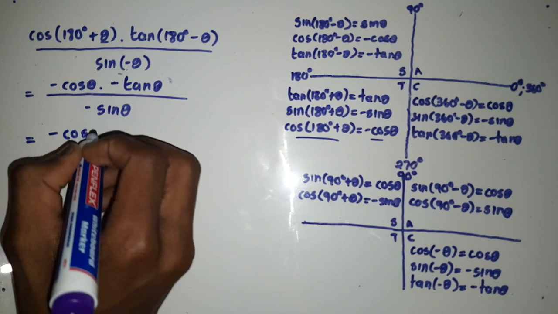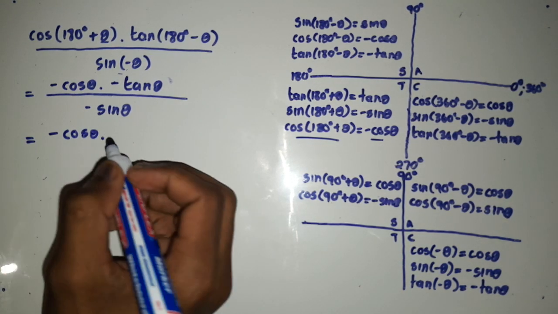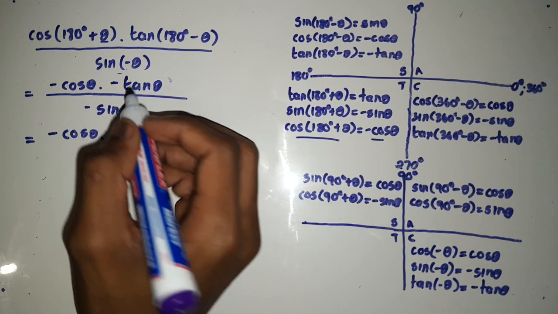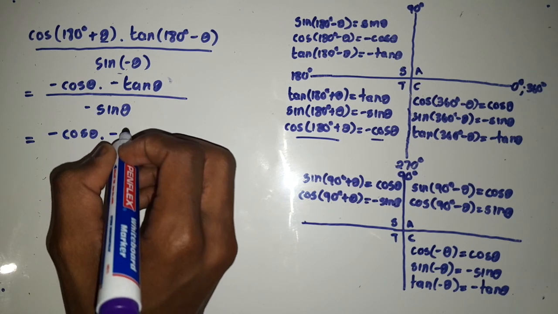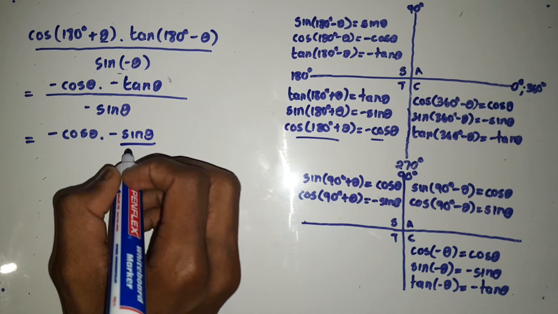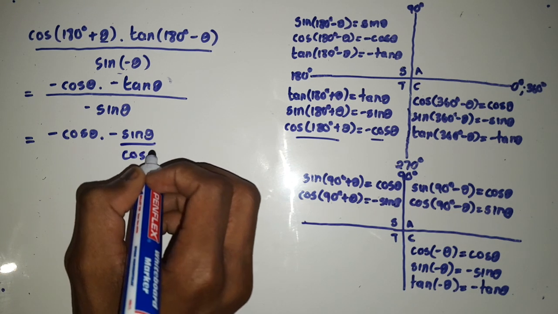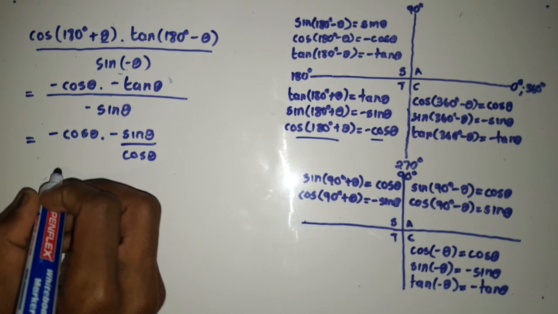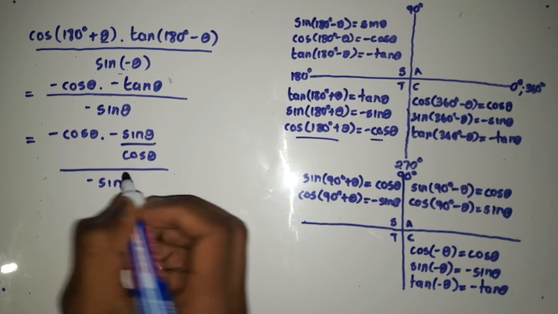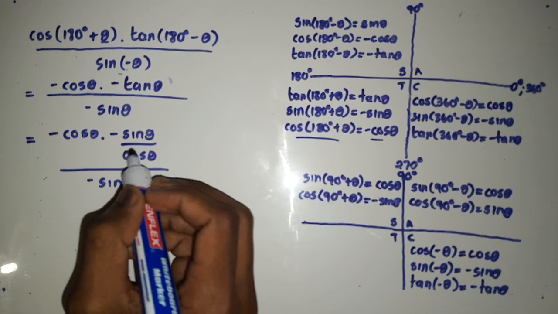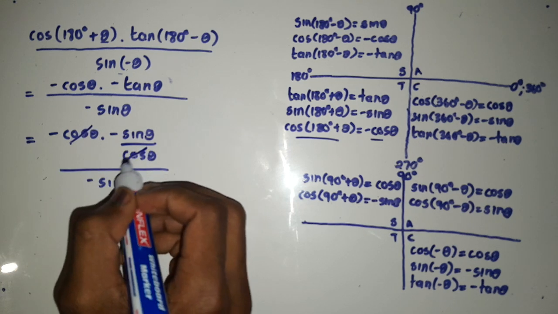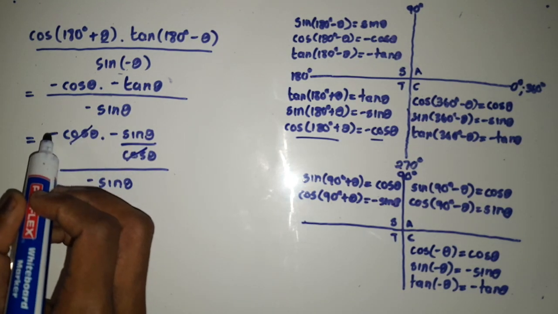Okay, we have negative cos theta, multiplied by negative tan theta. Don't forget that tan can be written in the form of sine theta divided by cos theta, a quotient identity. Then we have negative sine theta in the denominator. This cos is going to cancel this cos.